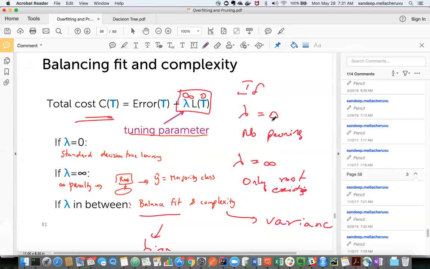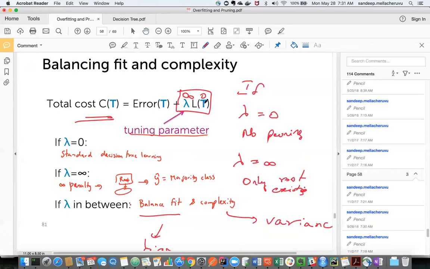I'm sorry for that. I'm thinking in a wrong direction. So if lambda equal to 0, what happens? The number of leaves will become too much.